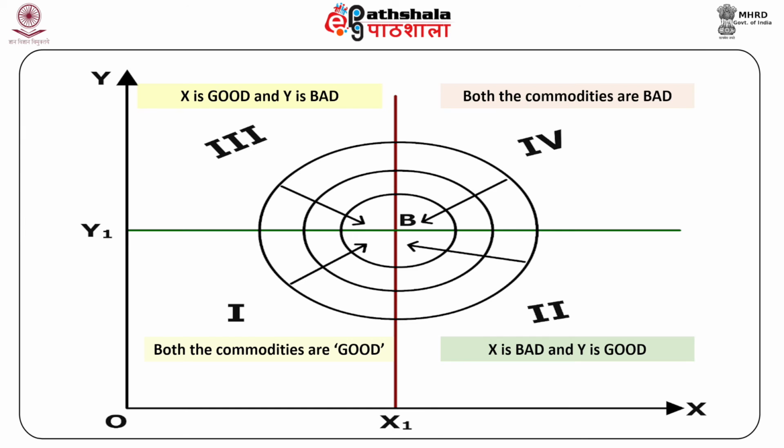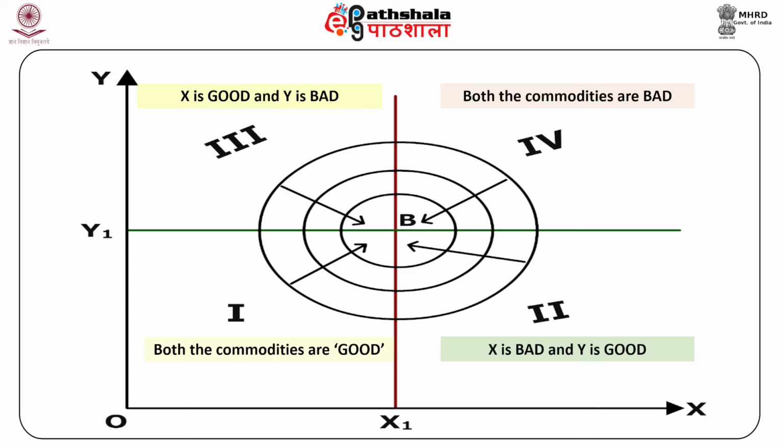This case is represented in figure 16, where circular indifference curves are obtained. Point B represents the highest satisfaction level that can be achieved under this condition. Therefore, it is the point of satiation or bliss.